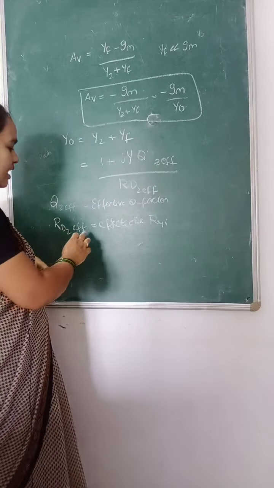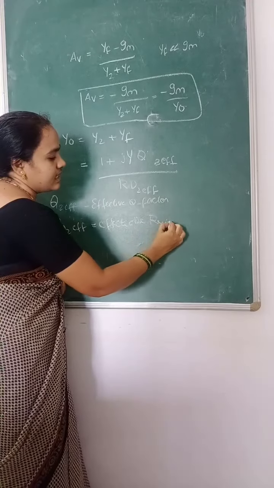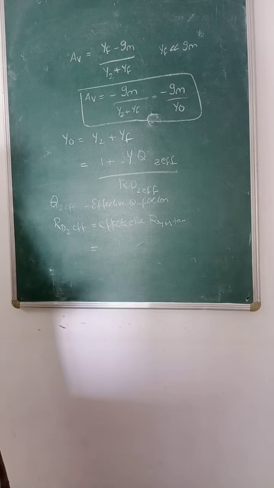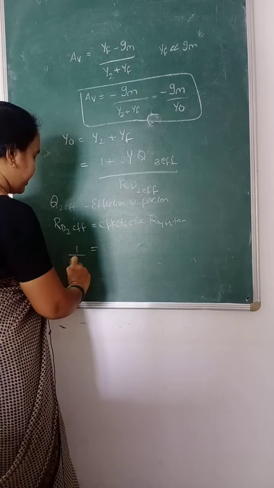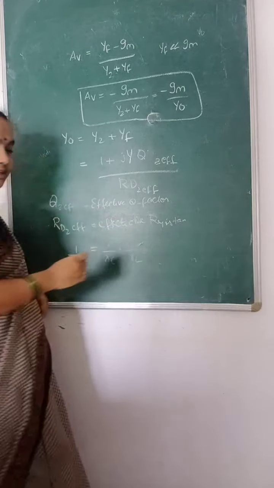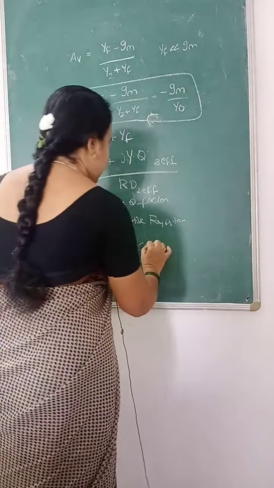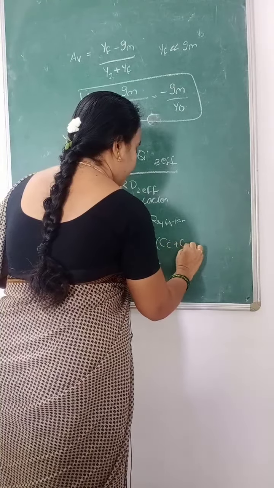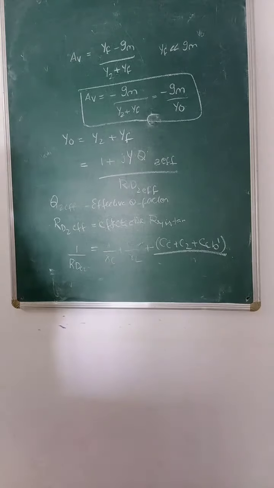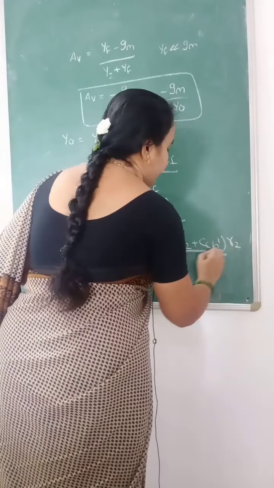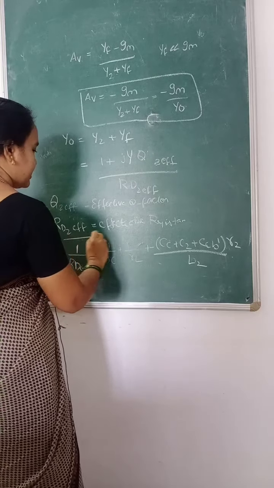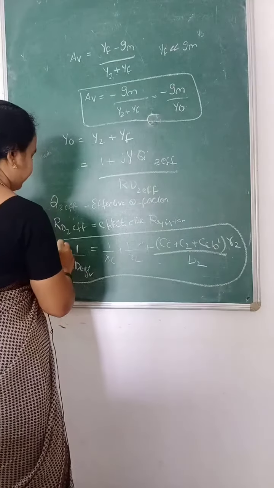This Q factor effective resistance, since it is the output effective resistance, 1 by Rd2 effective is simply 1 by RC, 1 by RL, plus CC plus C2 plus including feedback capacitance CB dash divided by L2, the resistance of the inductance divided by L2. So this is the inverse of the effective resistance.